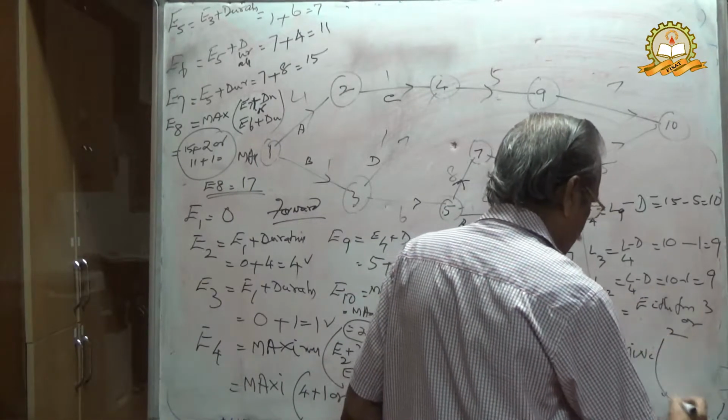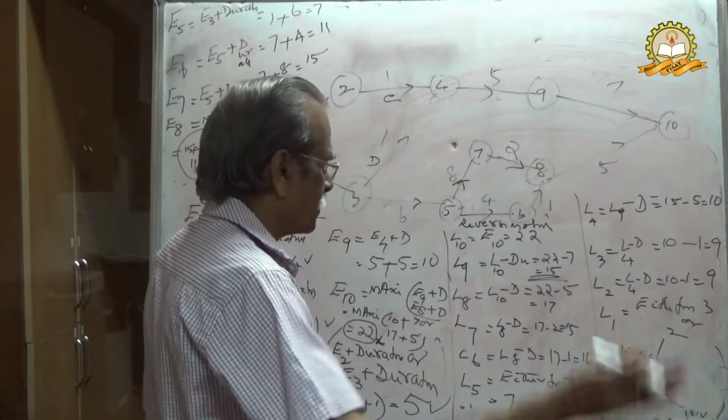Reverse process is minimum, concurrency means maximum.